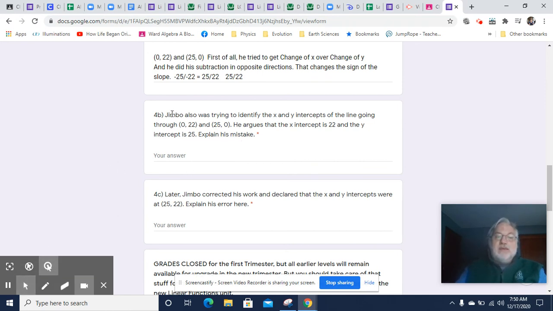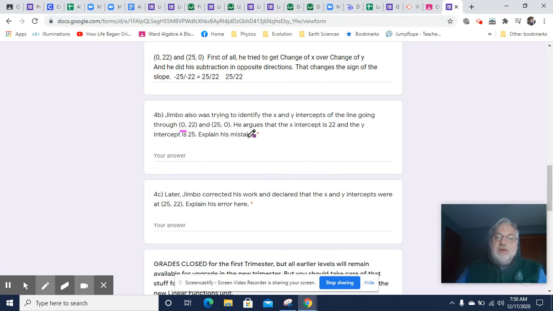So for B, he's trying to identify the x and y intercepts of a line going through 0, 22, and 25, 0. He argues that the x-intercept is 22 and the y-intercept is 25. Well, you possibly remember that the y-axis is defined as places where x is 0.